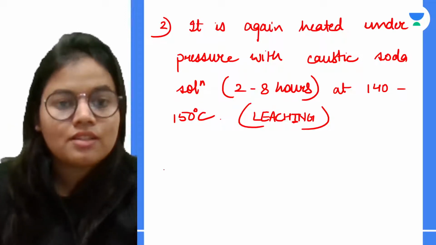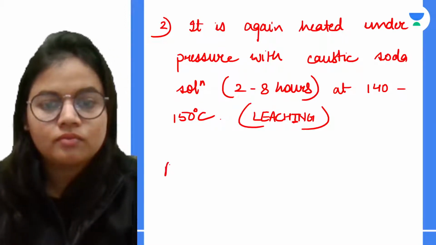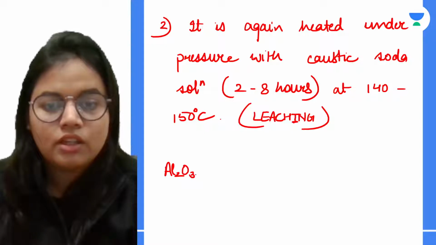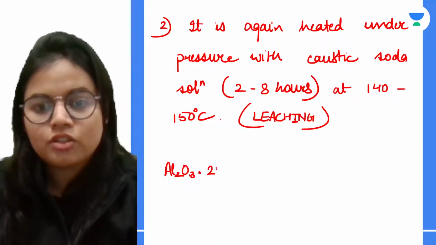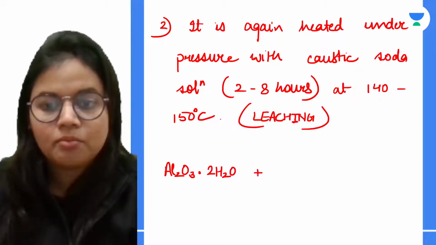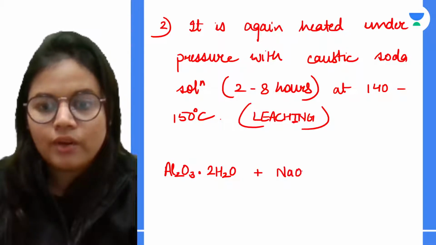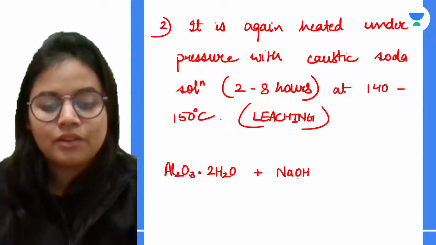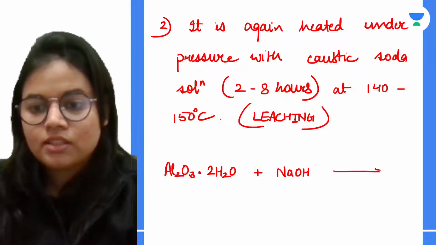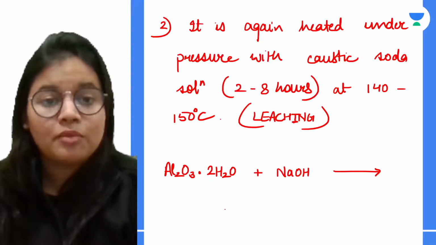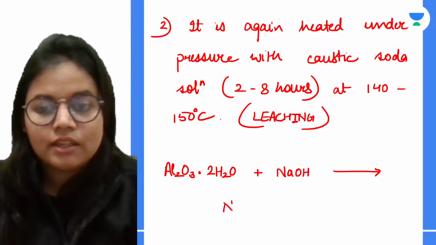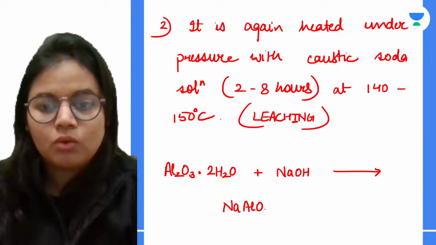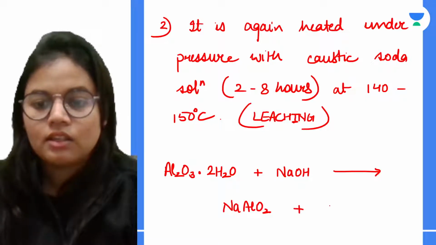The reaction that happens is Al2O3.2H2O, which is our bauxite, plus NaOH, which is sodium hydroxide. It mixes to give us sodium meta-aluminate, that is NaAlO2 plus H2.